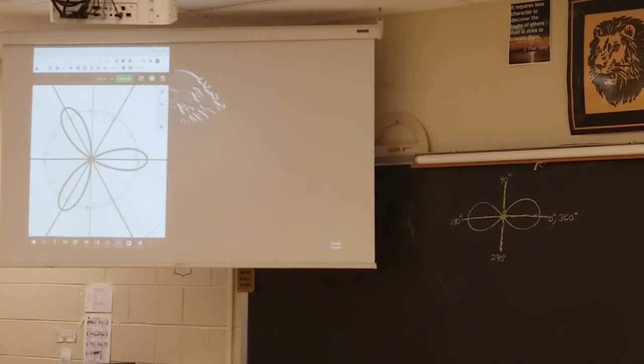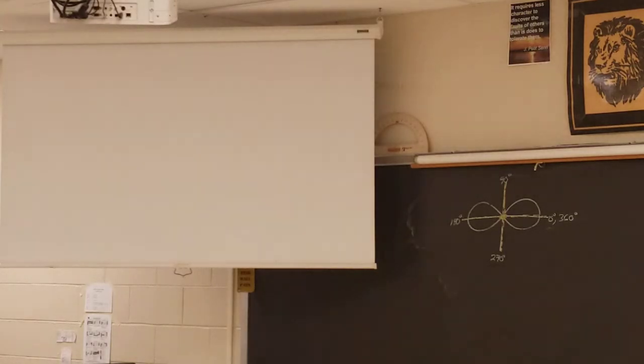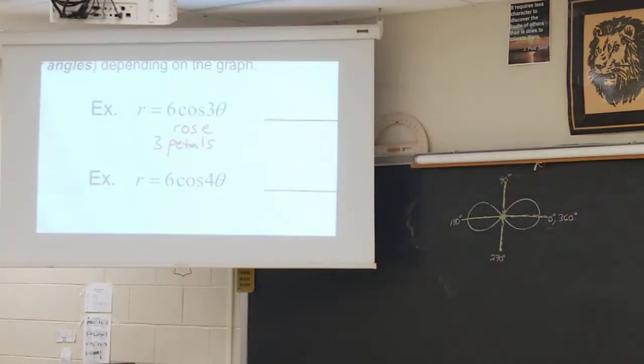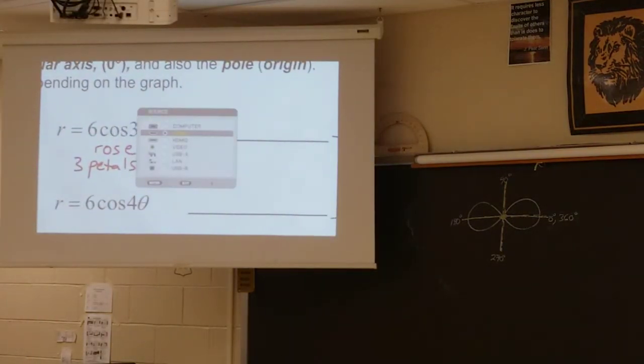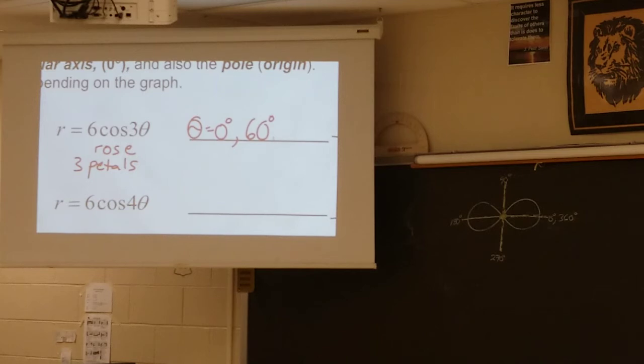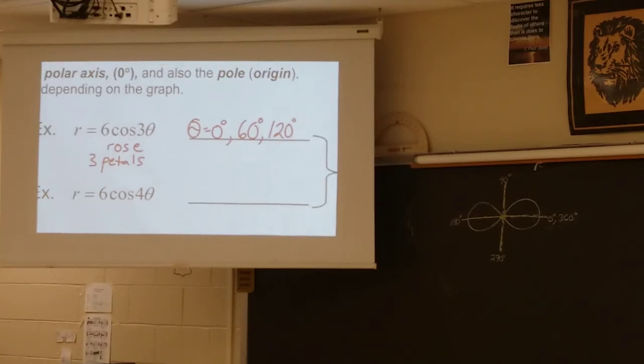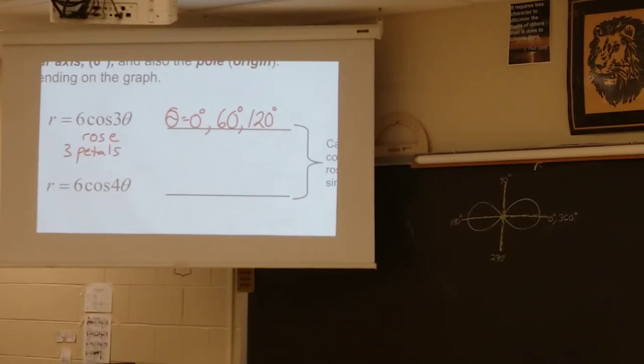We want to be able to say theta equals 0, theta equals 60, and theta equals 120. Look at how I'm saying it. I'm just writing it as an equation. I am putting some commas just because it repeats.